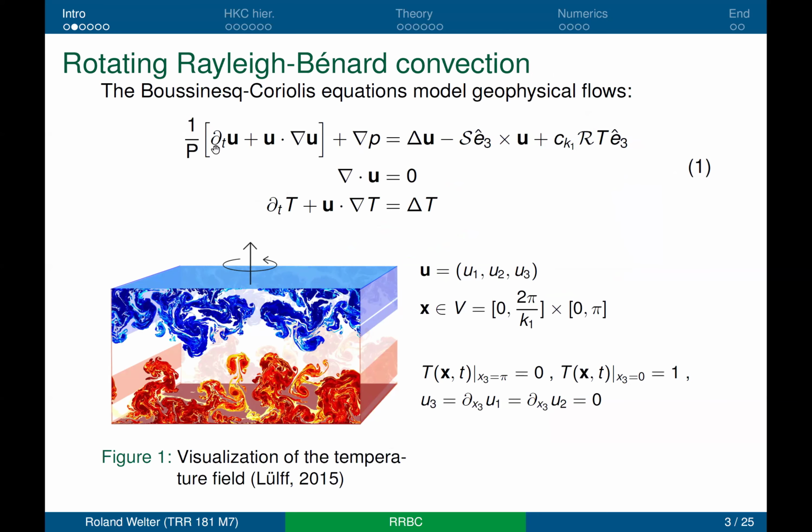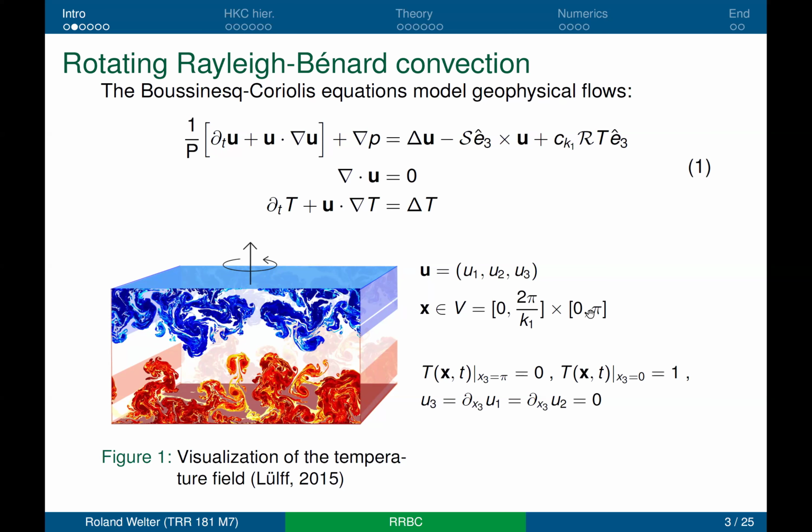In this model, we have our Navier-Stokes, a Coriolis force, a buoyancy force, and a temperature equation. We are going to see a convective flow. We heat the fluid from the bottom and cool the fluid from the top, and then the buoyancy force will drive some kind of turbulent convective flow.